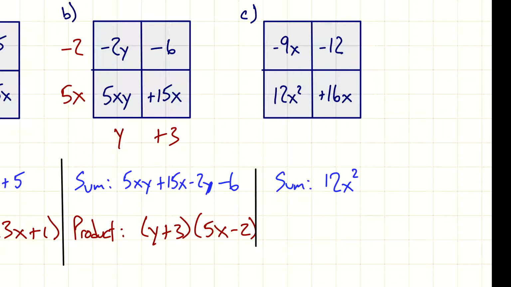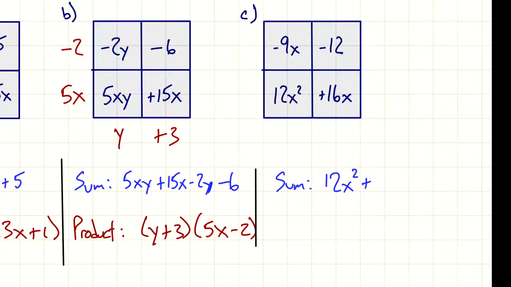Or if for some reason you happen to type in minus 9 plus 16, it would still give you the correct answer. All right, and don't forget the x on that one as well.